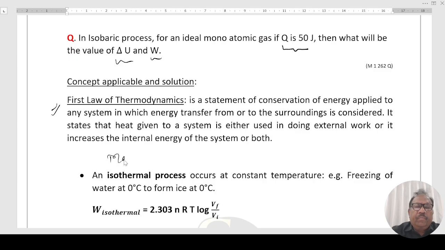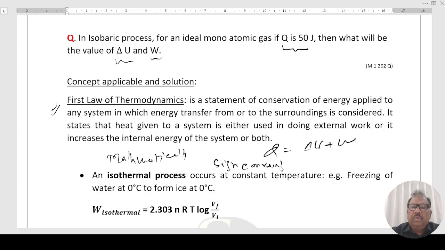Mathematically, Q equal to delta U plus W. Sign convention is given. Heat given to the system is positive, increase in internal energy is positive, work done by the system is positive.